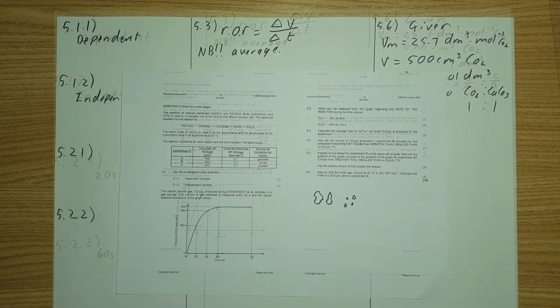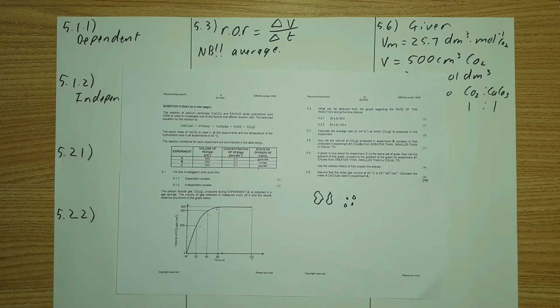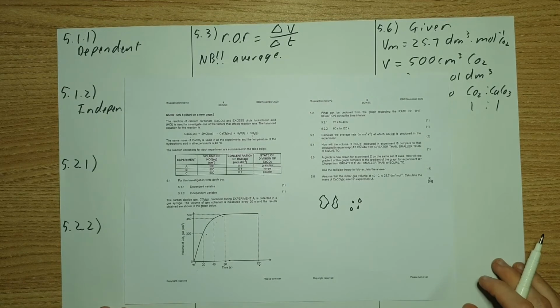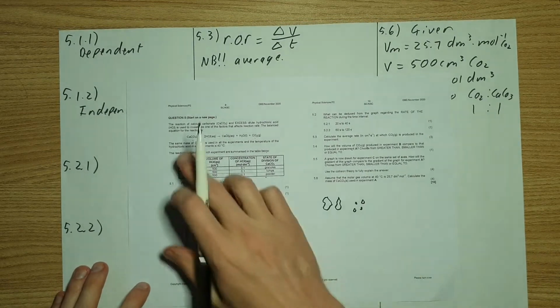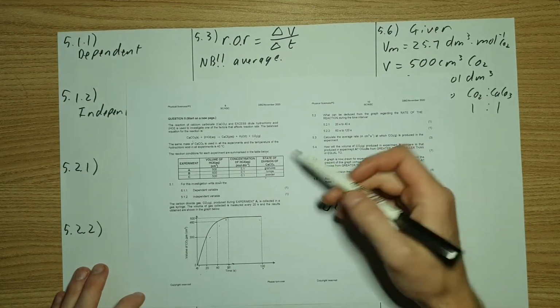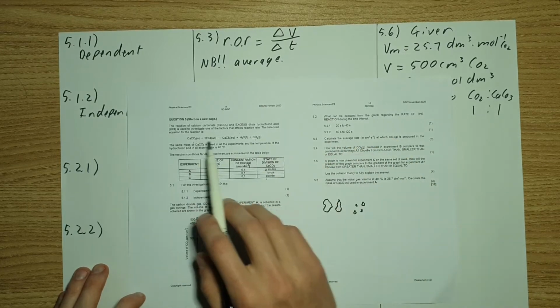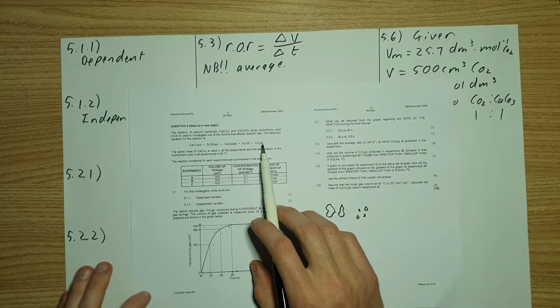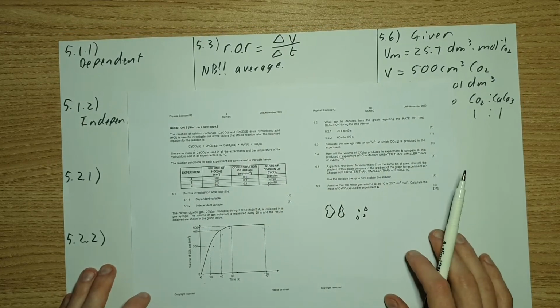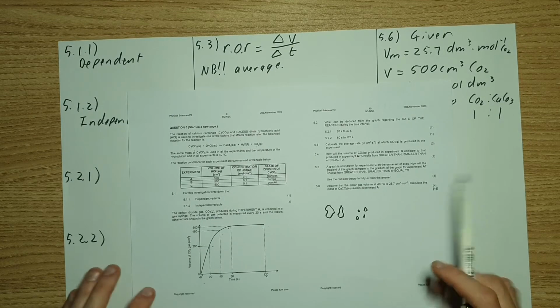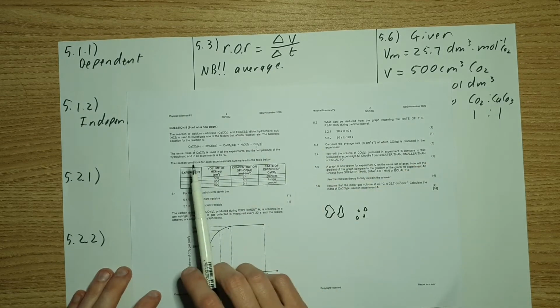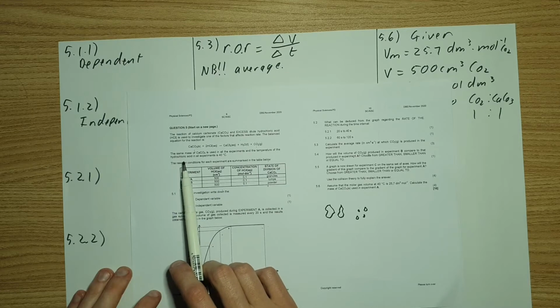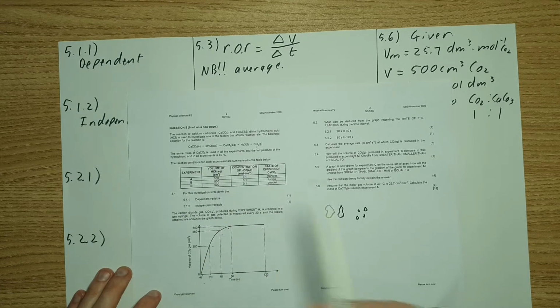Okay, let's get started with question 5. So question 5 is looking at the investigation of the rate of reaction of CaCO3 in different forms. You can see we've got the balanced equation up here. They tell us that the mass of CaCO3 is the same in all three experiments, and that the hydrochloric acid is at a temperature of 40 degrees.